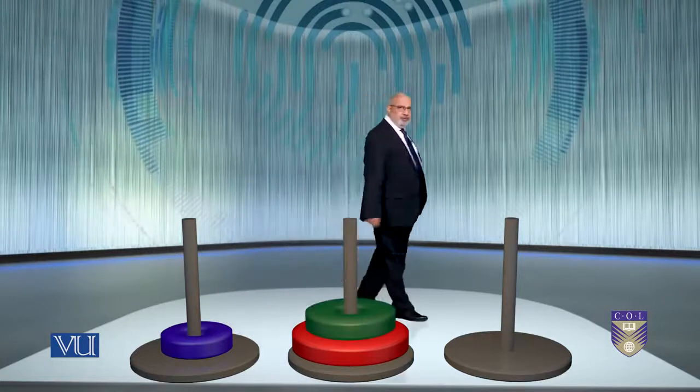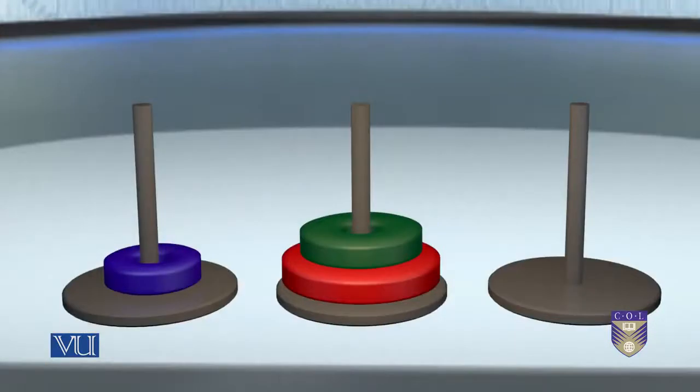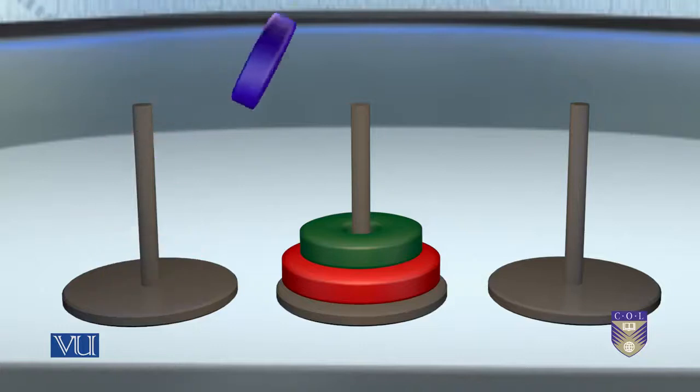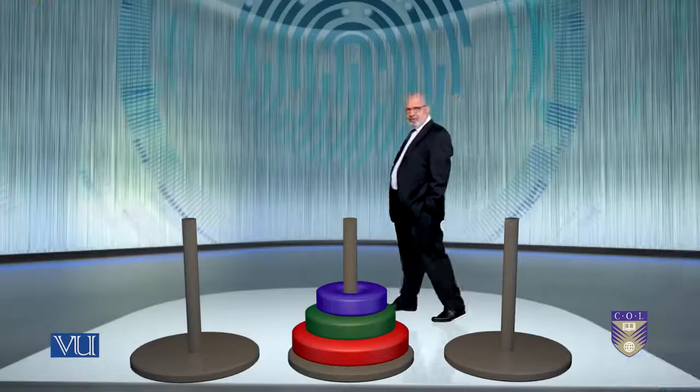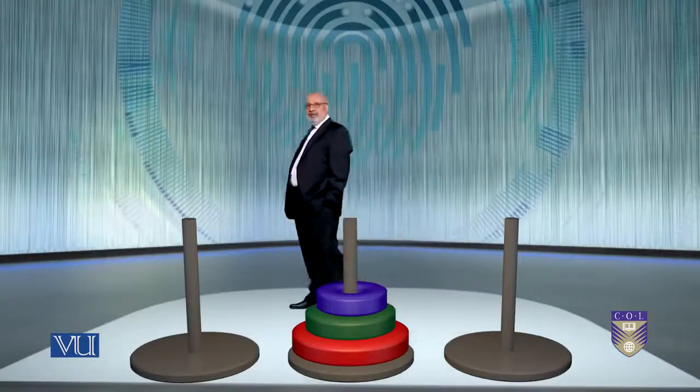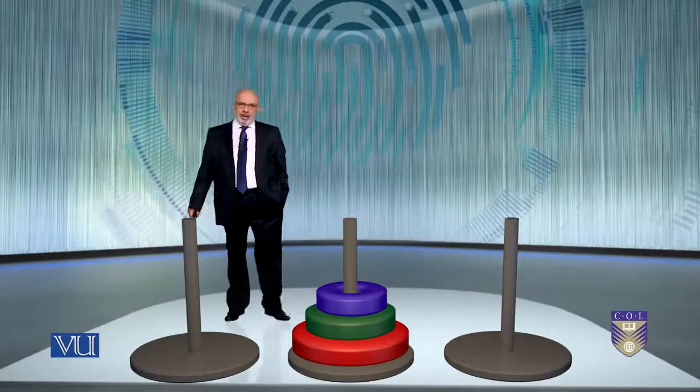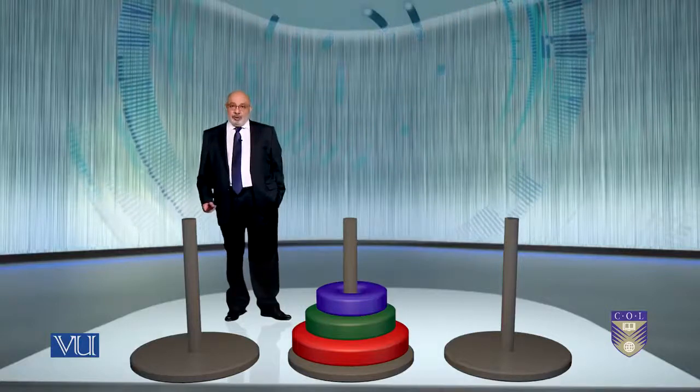That's step 6. So we are now 2/3 of the way through the problem. And all we now have to do is move the blue on top of the green. And that's what we do. So in about 7 steps, as you can see, we have come to the solution of the problem.